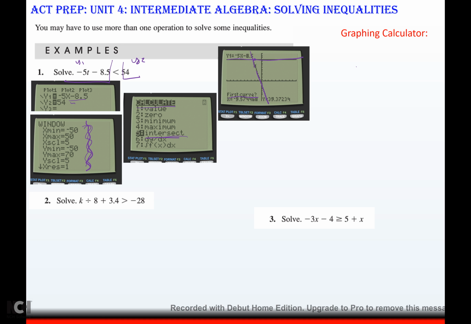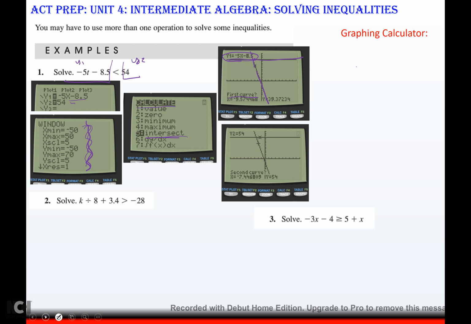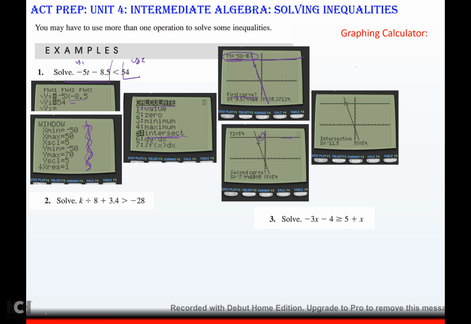So first curve, you can tell up here it's on the line because it tells you. So I hit enter. And then it says second curve. So I hit enter again. It moved it up here to the other line. I hit enter for the second curve. And then I hit enter again. I don't want to guess. So I hit enter again, and there's my intersection point, which was negative 12.5, which is what we got when we did it together.